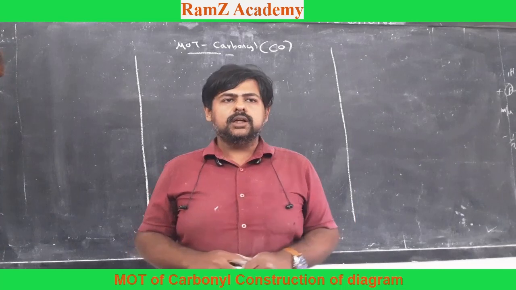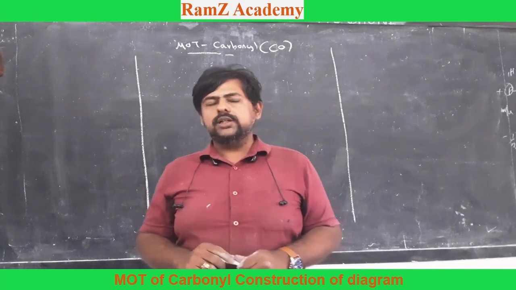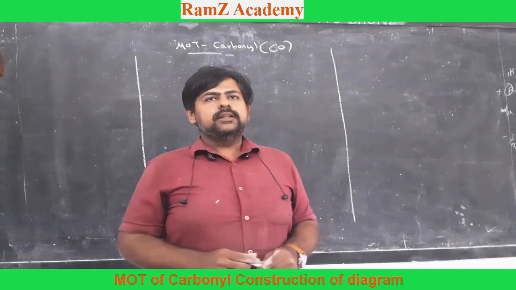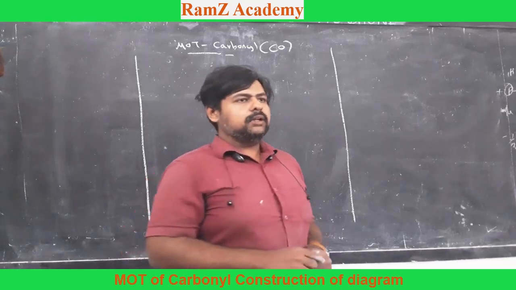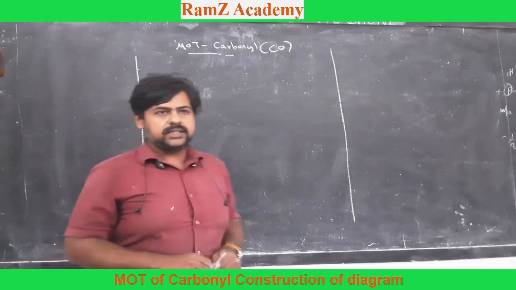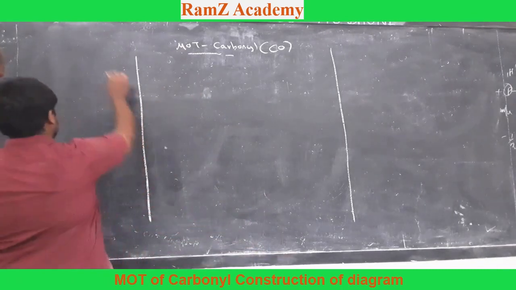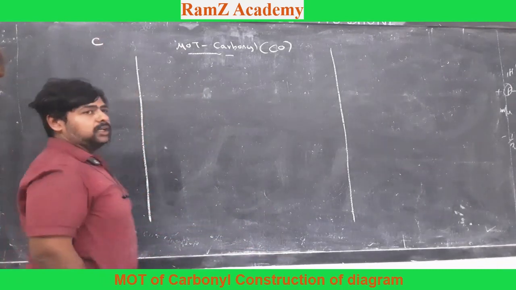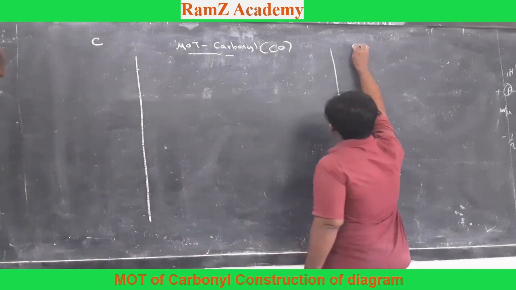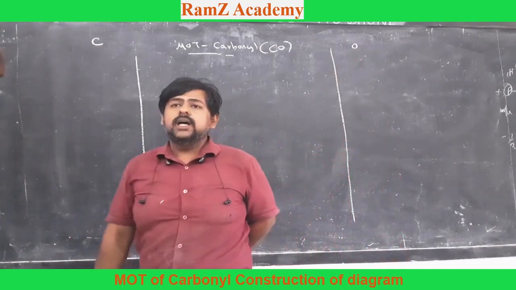We have two atoms here, carbon and oxygen. By convention we pick the atom that is less electronegative and place it on the left hand side. The less electronegative among carbon and oxygen is carbon, so I am going to place the carbon here and oxygen on the right hand side of my MOT diagram.